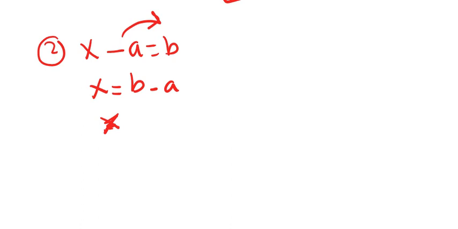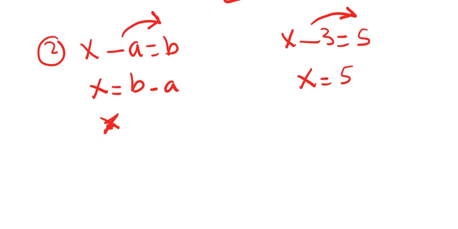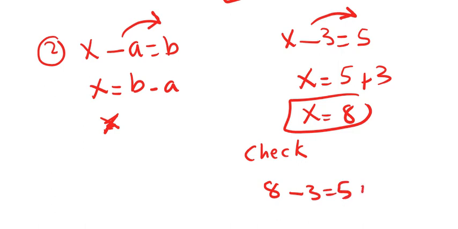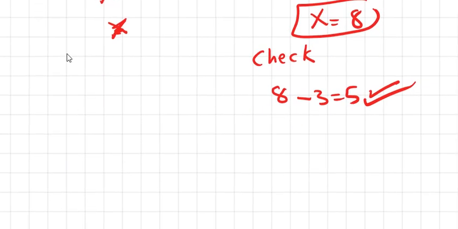For example, if you have x minus 3 equals 5, transfer minus 3 to the other side, then x equals 5 plus 3, so x equals 8. To check your answer, 8 minus 3 equals 5. Our answer is correct. This is about solving a linear equation where the coefficient of x is 1.